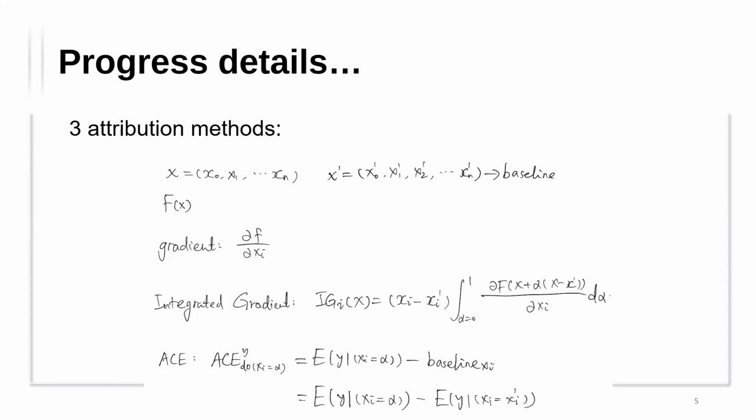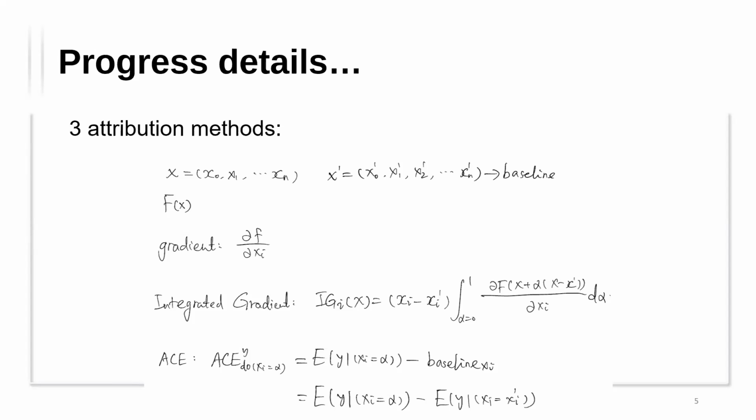The attribution method measures how much influence x has on f(x). The gradient method is just the partial derivative of function f with respect to each xi.